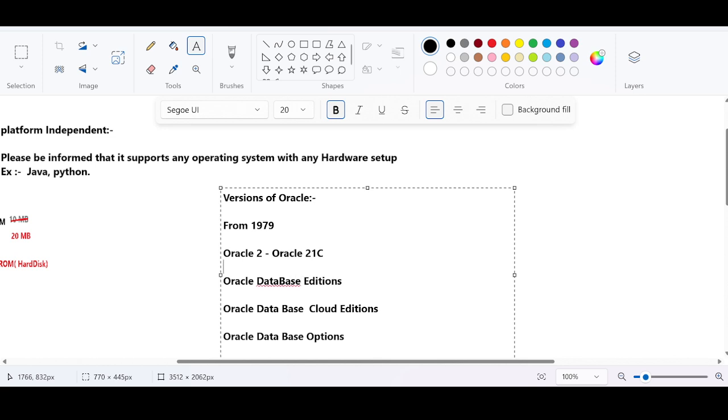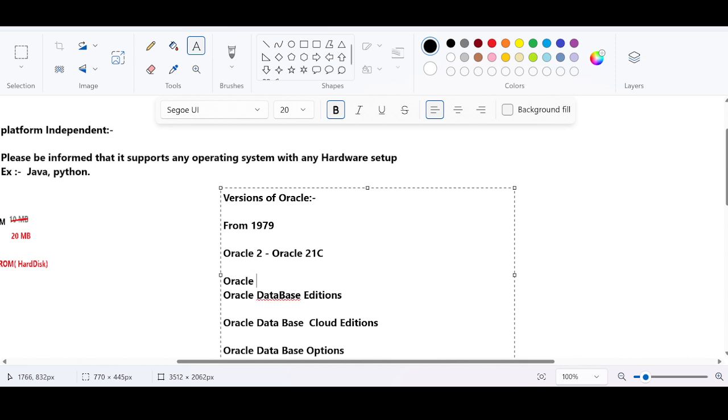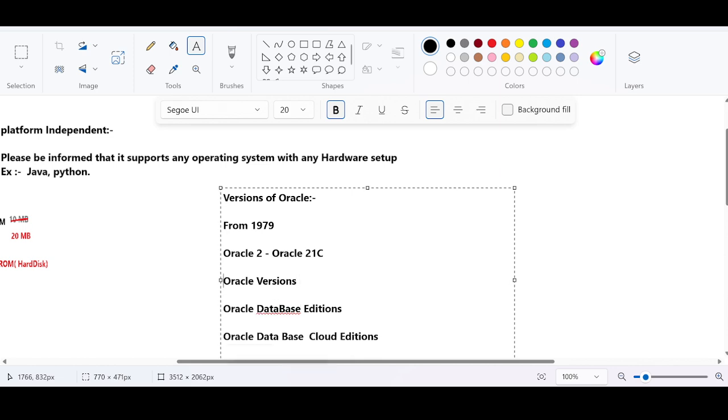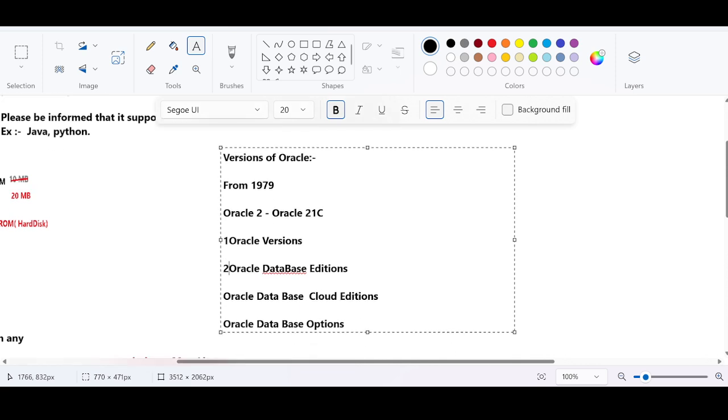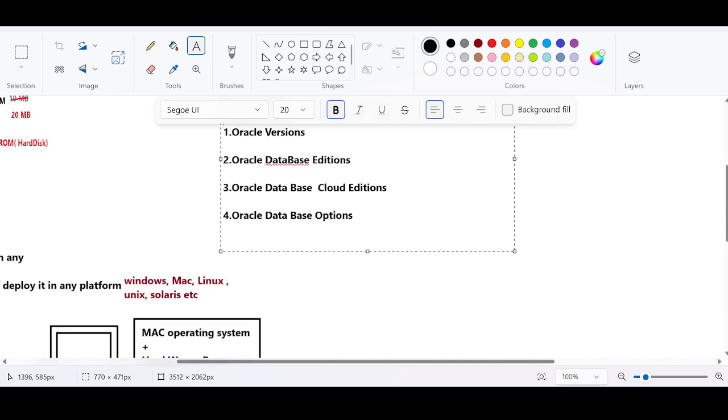You will get the complete picture about Oracle if you understand this. So from 1979, you have Oracle versions, Oracle database editions, Oracle database cloud editions, and Oracle database options.